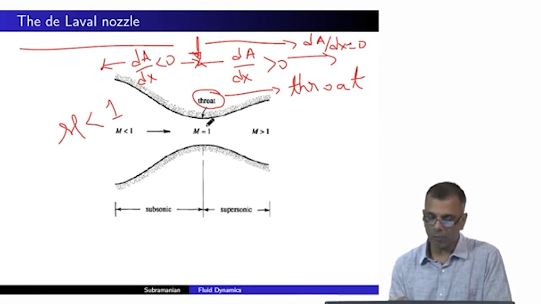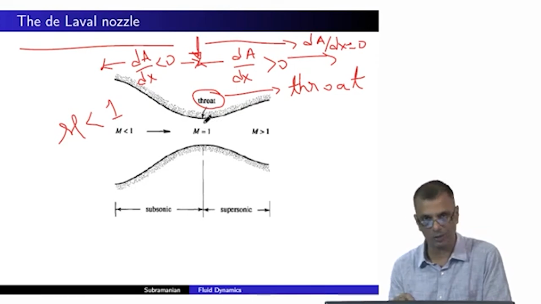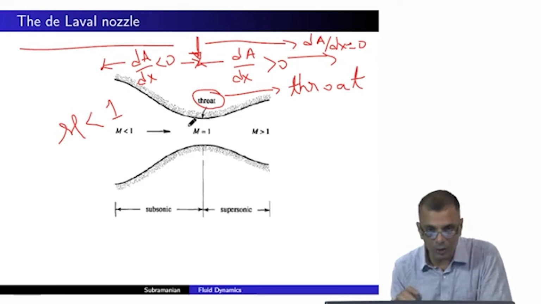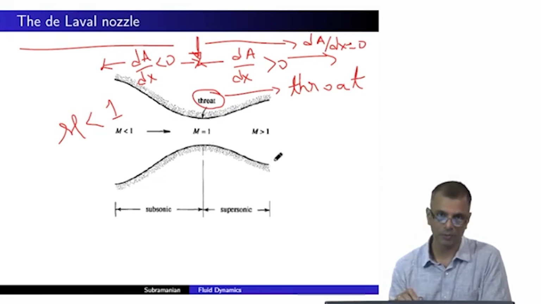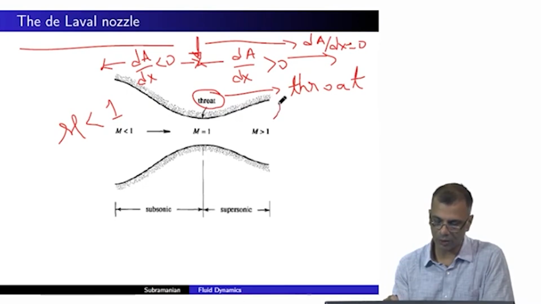Beyond that, the flow continues to accelerate, and the Mach number becomes larger than 1, of course. And we know that for supersonic flows, a diverging channel is a nozzle, isn't it? So to the right of this, you have supersonic flows.